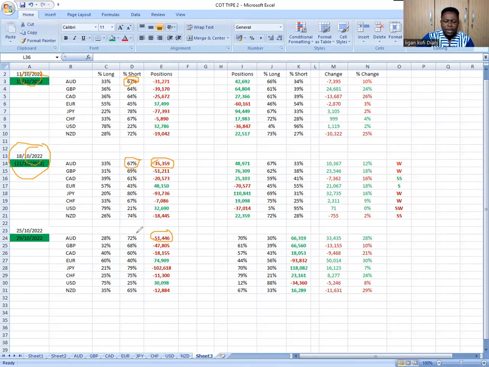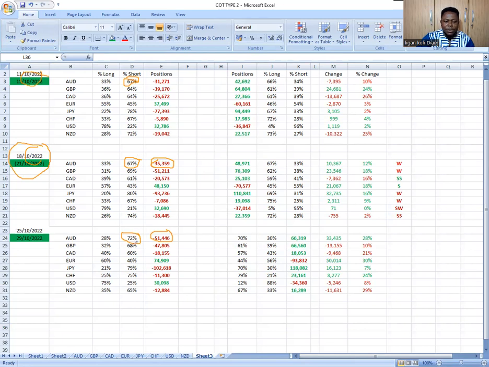But if you look at this week, it increased to 72. So it means we are going to see some bearish movement for AUD. Do you get the analysis? Because last week from 67%, the total number of sellers have increased to 72. So the institutions are going bearish on AUD.